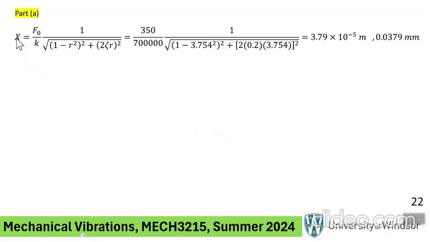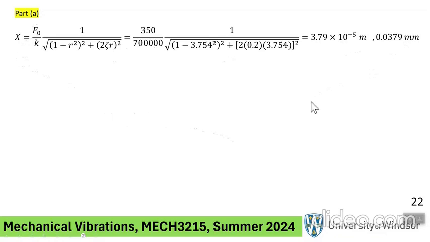First of all, if you want to find big X, the amplitude of the vibration of the machine, this is what you've got. Plug in the stuff that you know. You're told that F naught is 350. K was 700,000. Zeta is given, and you get that many meters, or 0.0379 millimeters.